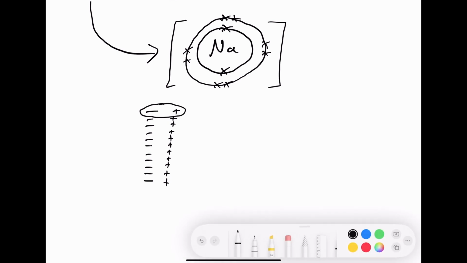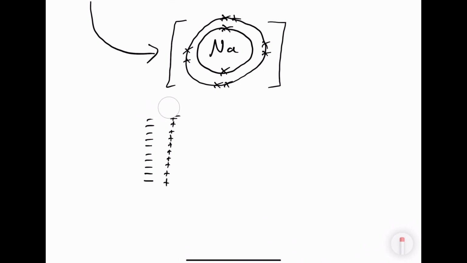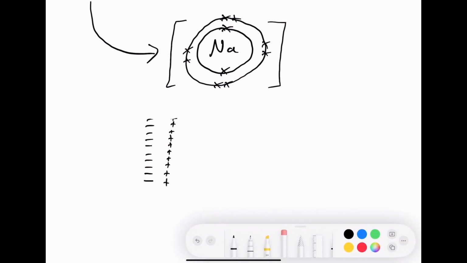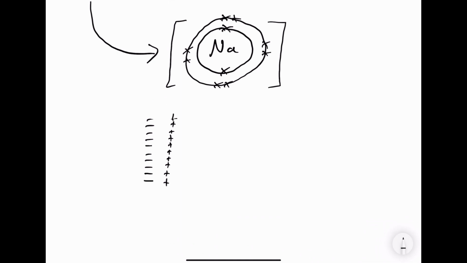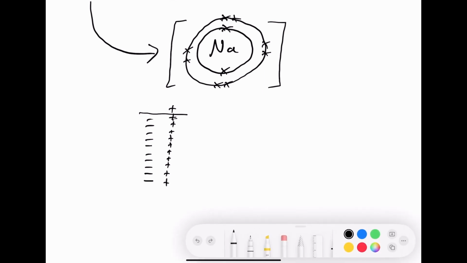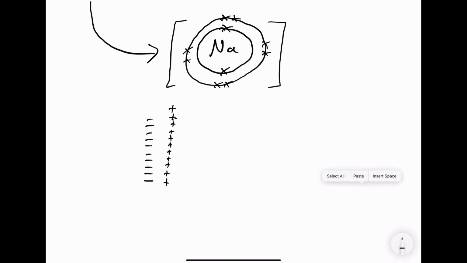But now, since sodium has lost an electron, it now has 1 more positive proton than it does negative electrons. So there is no electron here to cancel out that charge, which means that overall sodium is now positive.